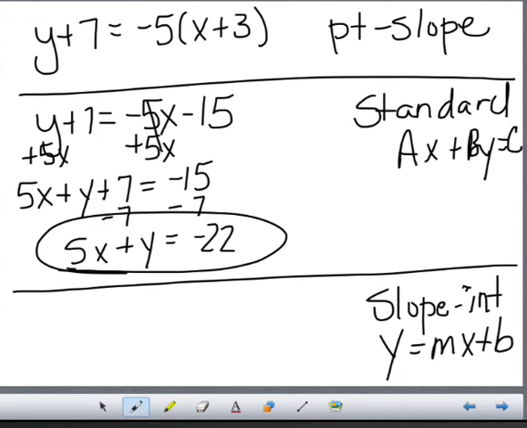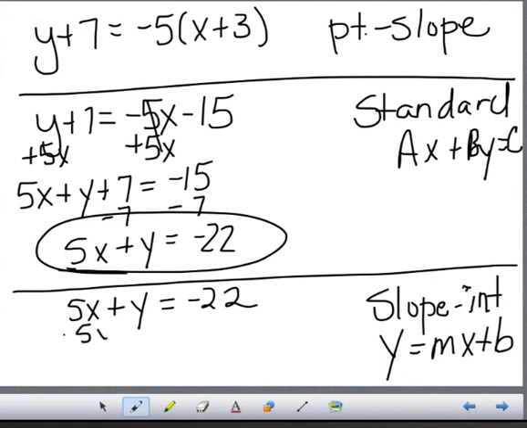Now I can start in point-slope form and go to standard form, or I can go from point-slope form to slope-intercept form, or I can go from standard form to slope-intercept form. I think it's going to be easier for me just to take this one in standard form and write it in slope-intercept form, because all I want to do is get the y by itself.